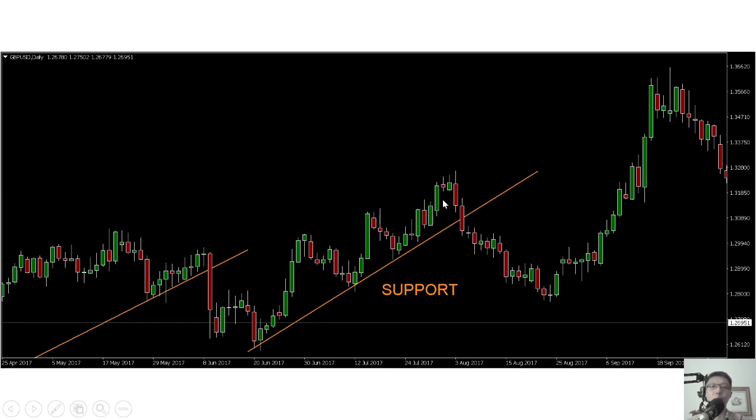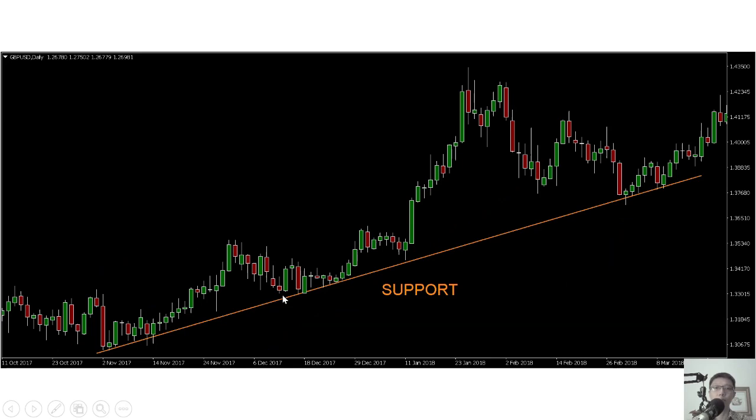After sellers close below this trend line, it means that current momentum price wants to go lower like this. But this is only a retracement. This is the uptrend, this is the retracement, and then price tries to go to the original direction, which is to go to the upside. The buyers take control again.